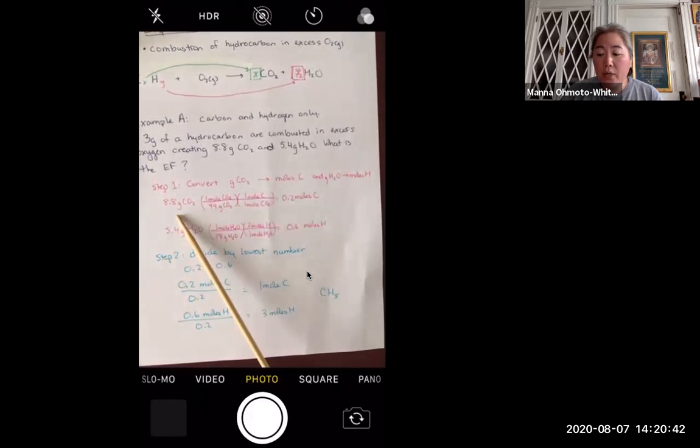So 8.8 grams of carbon dioxide represent 0.2 moles of carbon. 5.4 grams of water represent 0.6 moles of hydrogen. Once I have this, I divide by the lowest number. 0.2 is less than 0.6, so I'm dividing my moles by 0.2, and I end up with 1 mole of carbon to 3 moles of hydrogen. So my empirical formula is CH3.